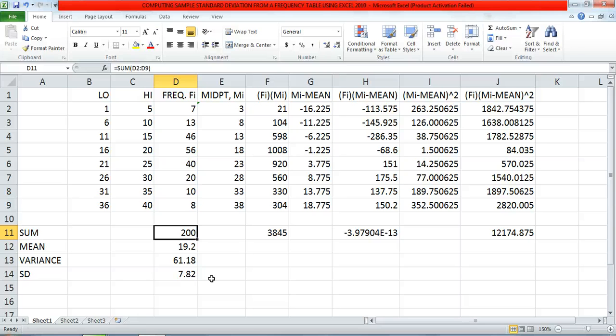Before I wrap this up, the important thing about using this cell address instead of writing 199 or 200 minus 1 is that, should one of these frequencies change, let's say instead of 56 we have 57, just imagine how that would change the whole picture drastically.